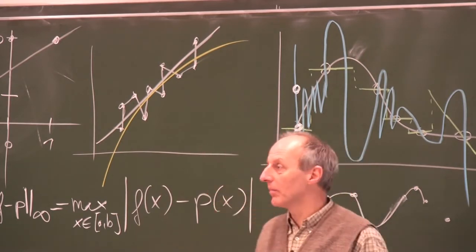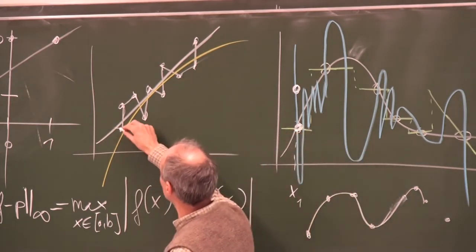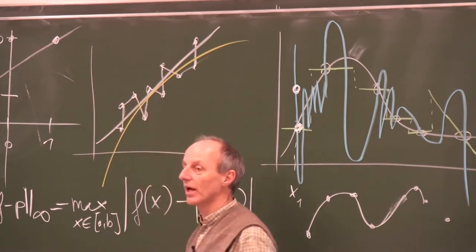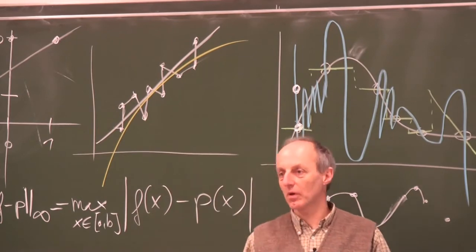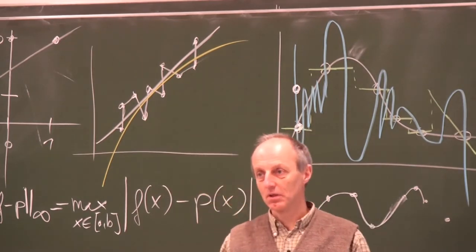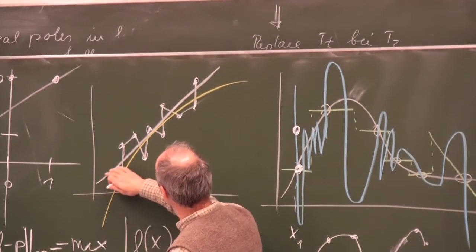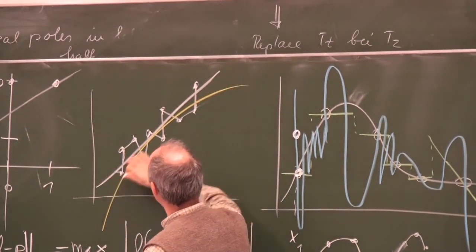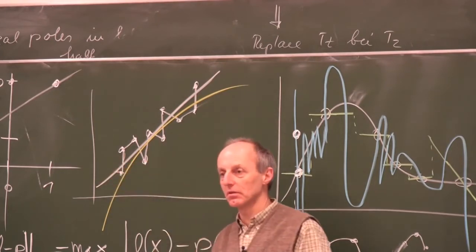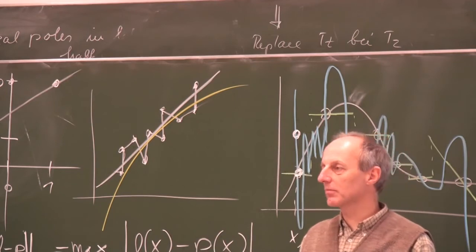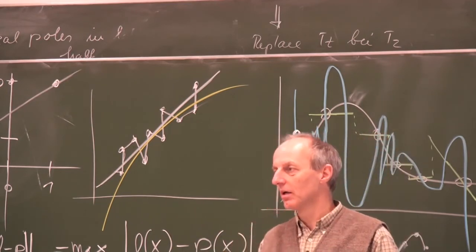Because typically there is the assumption that these oscillations are due to random errors. And we do not want to approximate random errors. We want to approximate some function which is underlying these points. So there is function approximation and interpolation.